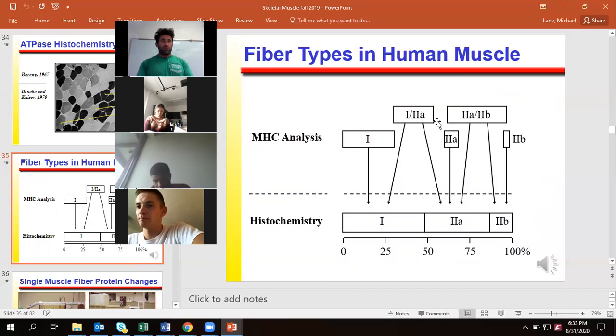And these are what's known as hybrid fibers. So we're going to have a certain amount of fiber in each cell that's pure. It doesn't matter what you do, it's always going to be that fiber type. But then a decent amount of the rest of them are going to actually be hybrid fibers.